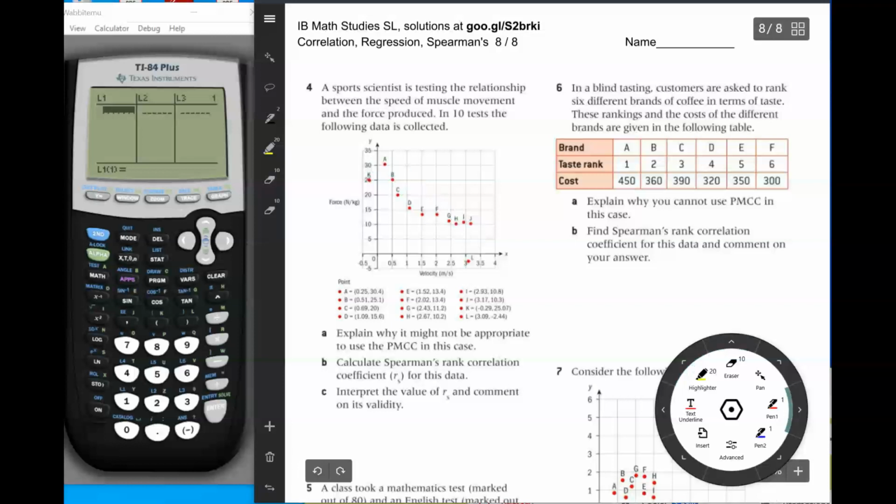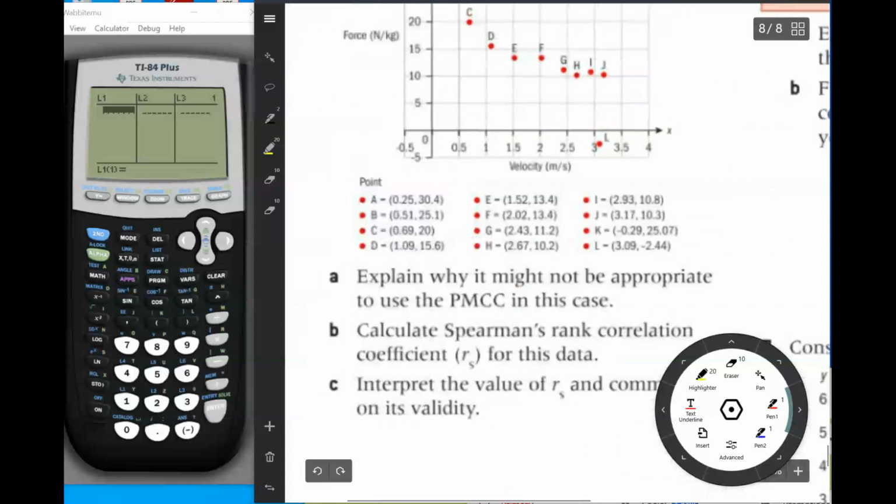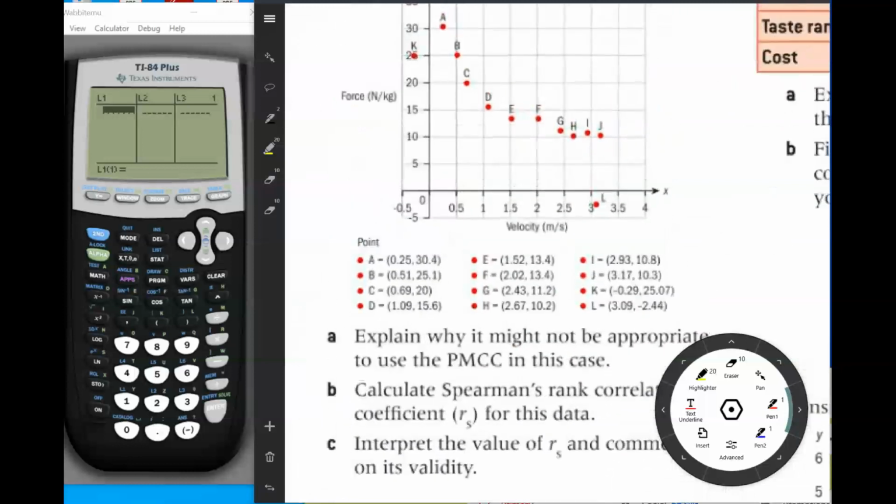So in this case, maybe we can use the fact that it looks like it's monotonic decreasing, or steadily decreasing, and maybe we could use Spearman's. Okay, so in this particular case, let me order the x values here.